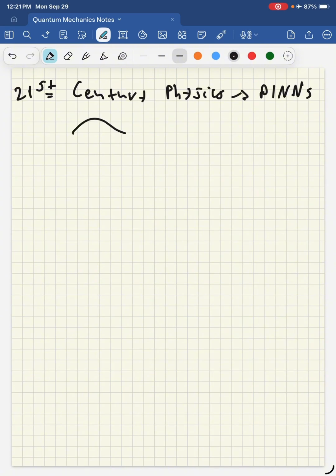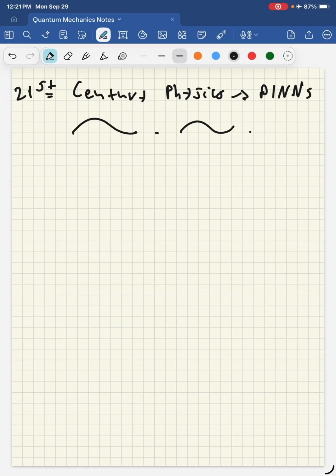Okay, and as I said, PINN stands for physics-informed neural networks. So this is a brand new approach as far as I know. I don't know. Nobody used this 10 years ago. I think it's safe to say. Maybe 15 years ago. I don't know. But never say never. Search the literature. I haven't done extensive research on this because I got excited about how you can implement this for the Schrödinger equation.